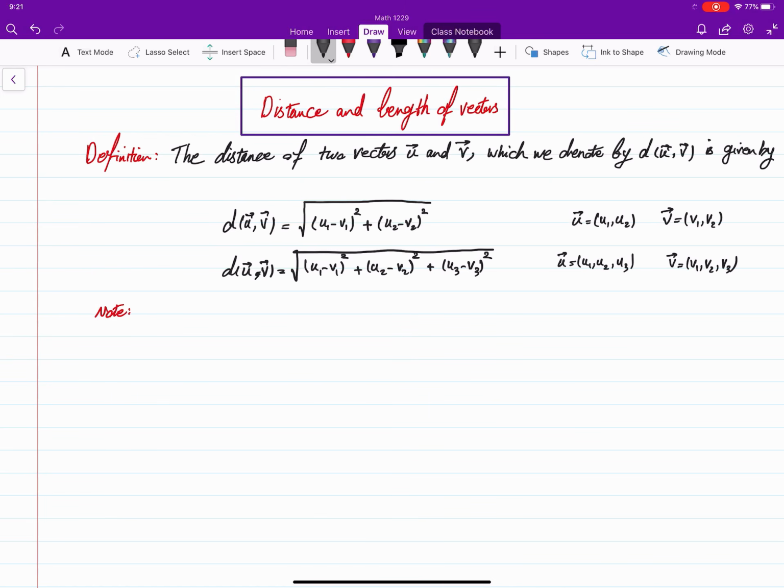And what you need to know here is that basically the distance of two vectors u and v is the distance of their endpoints.